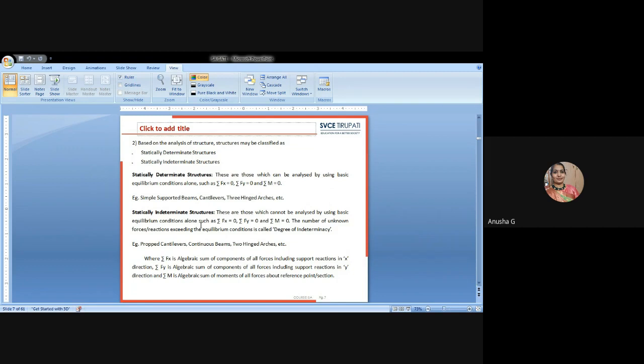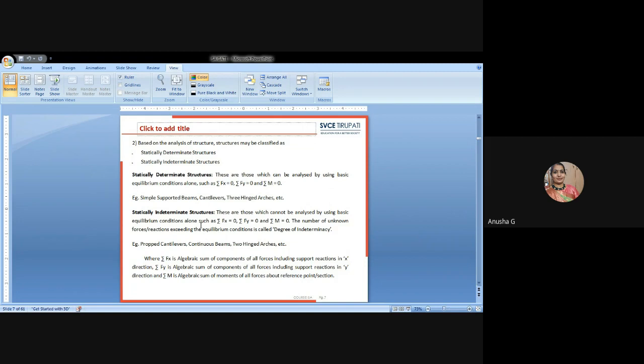Next, we can see the examples of statically indeterminate structures. The examples are continuous beams, that is, beams with more than 2 supports. For that condition also you can see it is statically indeterminate. Propped cantilever: in the last class itself, I told the difference between the cantilever and propped cantilever. A cantilever is nothing but one end fixed and the other end free.